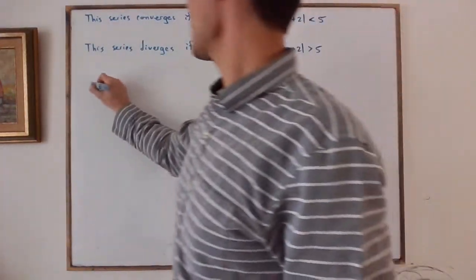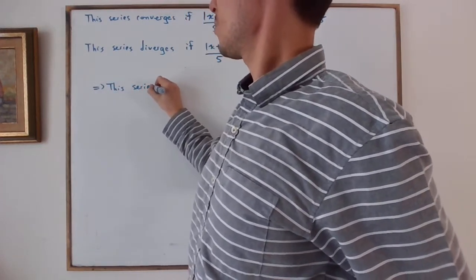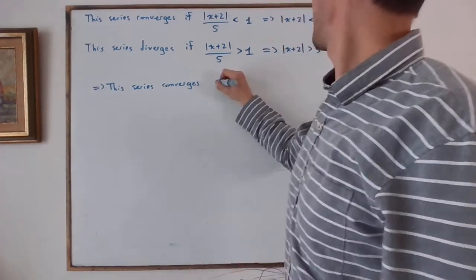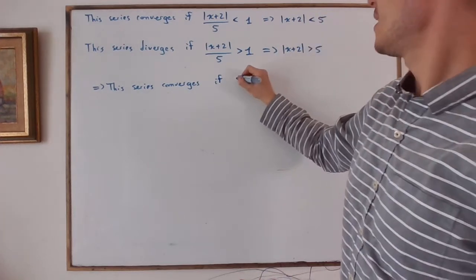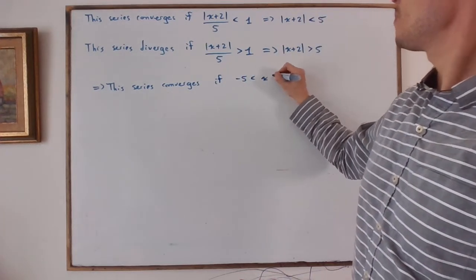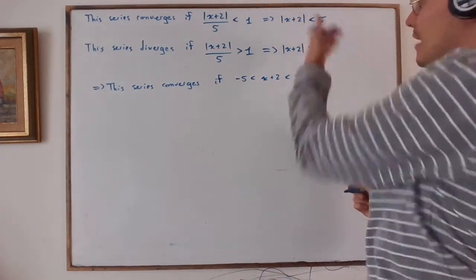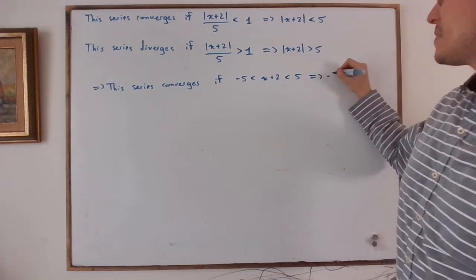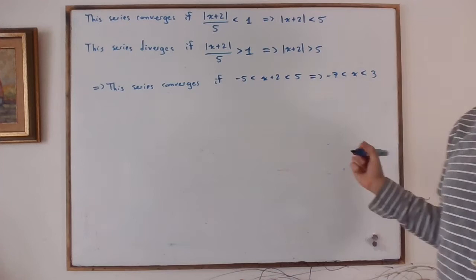Okay, we know that this series converges if, now have a careful look at this, it means that x plus 2 is going to be between 5 and negative 5. That's what the absolute value means, right? So it means that x will be between negative 7 and 3.